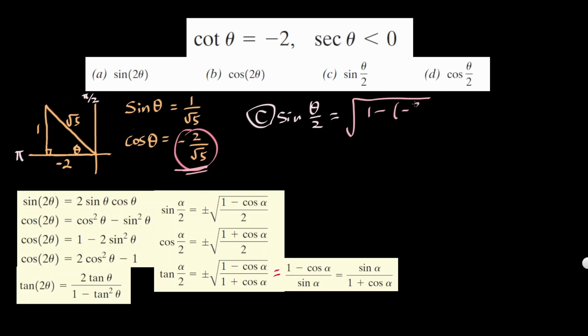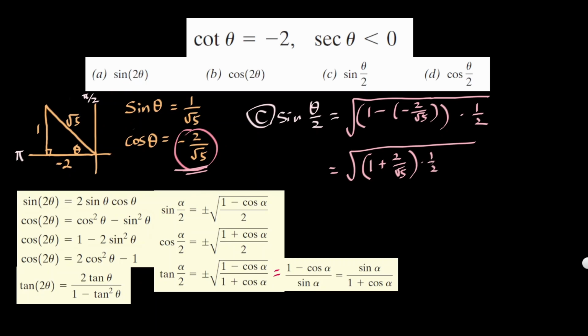It's going to be minus 2 over square root of 5, everything multiplied by 1/2. All you need to do now is simplify. So that becomes 1 plus 2 over square root of 5, everything multiplied by 1/2. Let's combine.